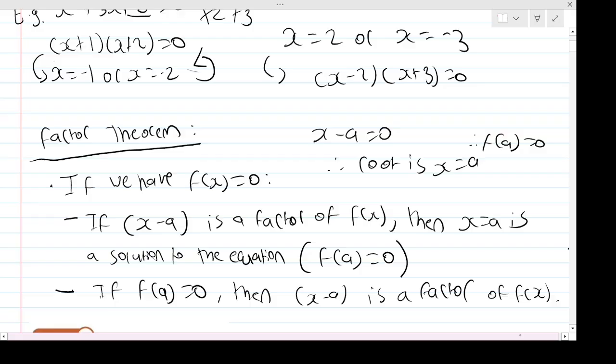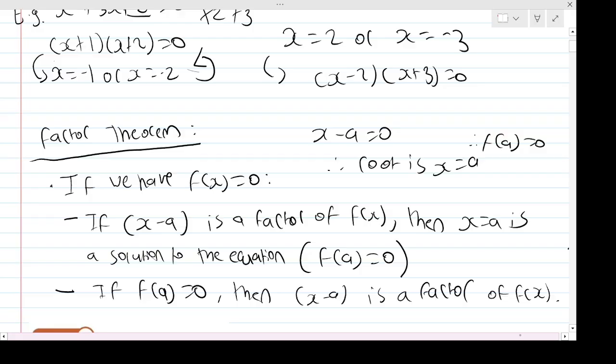But you'll see in a minute why it is helpful to write it explicitly like this, because in certain questions it's very helpful to have this explicit result, which you can substitute in. We'll see examples in a moment. But yes, that's the factor theorem.